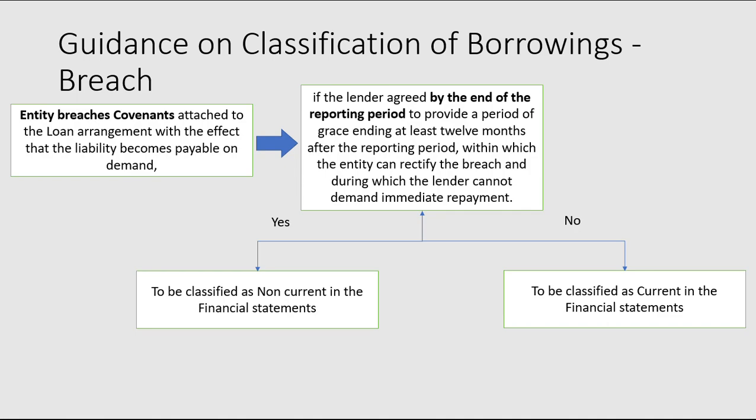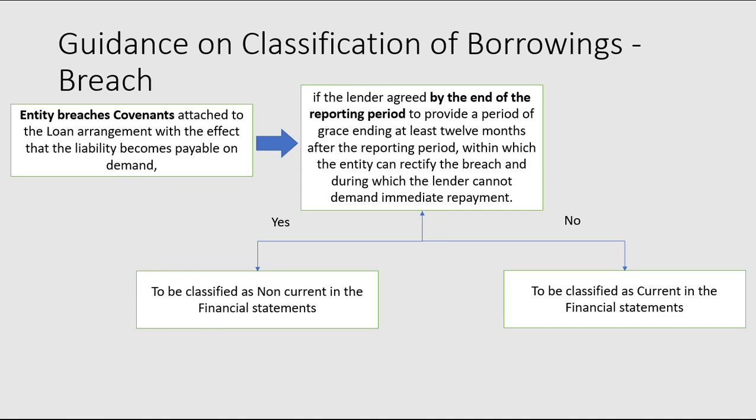Now you might be wondering what kind of covenant breaches will lead us to introspect and follow this flowchart. For this, one must read the entity's loan arrangement with the lender. In case of a few clauses, there might be a mention that if a repayment which falls due is not paid within a stipulated grace period of say 30 days or 90 days, then the lender has an absolute right to claim the entire amount which has been financed.